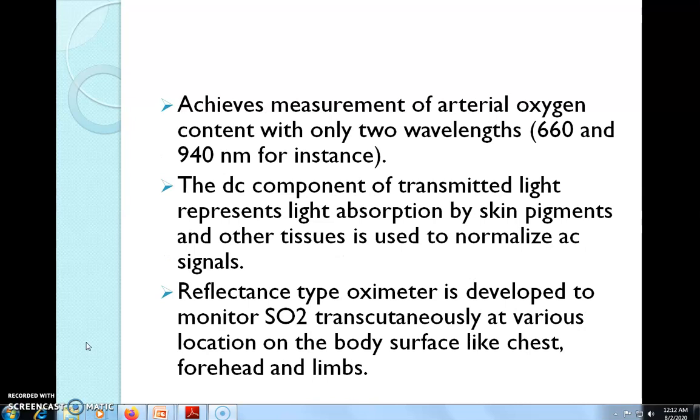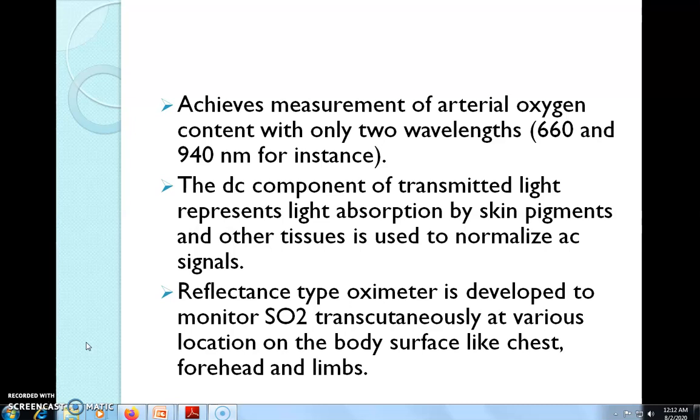This pulse oximetry measurement achieves arterial oxygen content with only 2 wavelengths, 660 and 940 nanometer, for an instant of time. The DC component of the transmitted light, which represents light absorption by the skin pigments and other tissues, is used to normalize the AC signals.